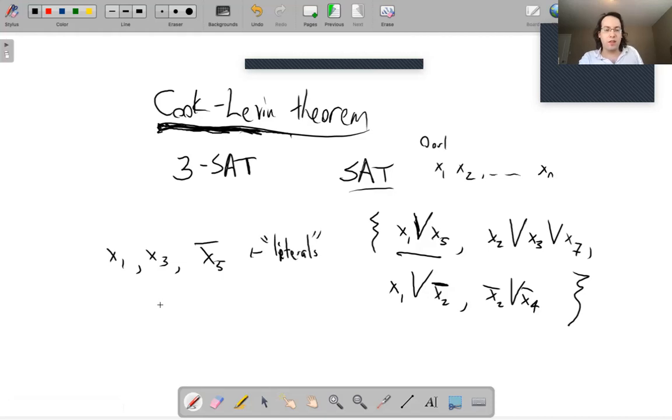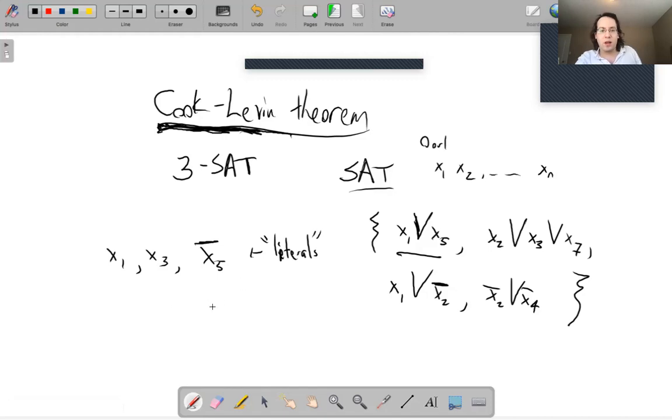So a literal is a variable or a negated variable. I'm going to use this bar on top for negating a variable. Remember, these are all Boolean variables. They're 0 or 1. So negating it is like 1 minus the variable. Okay, so these are all literals.